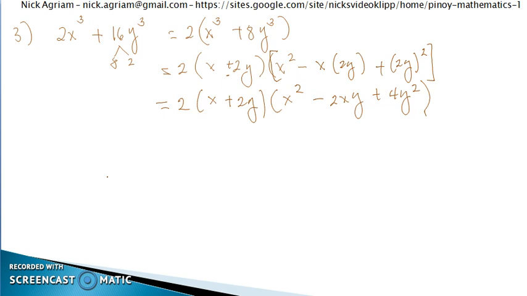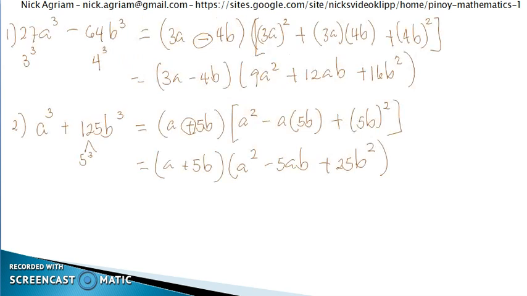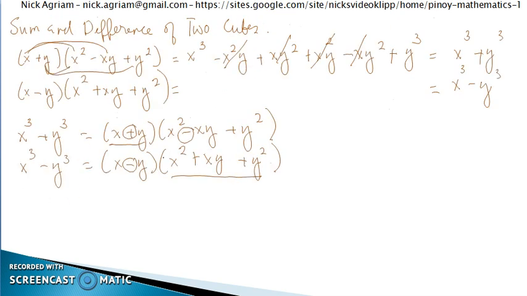I will stop there. I hope you learned something in this sum and difference of two cubes. Just remember, the sum of two cubes is always the product of a binomial and a trinomial, and the binomial is the sum x plus y, as you can see here.